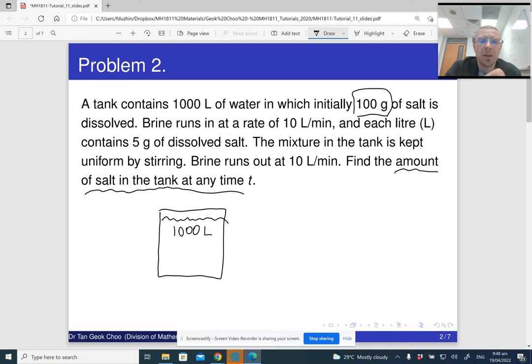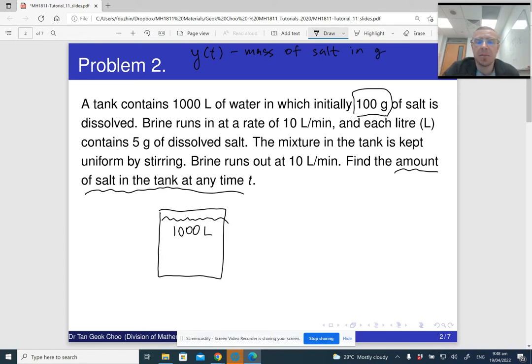Basically what we have here is that the amount of salt is changing with time, and if we denote it by y of t, then we need to write a differential equation for that, right? So let y of t be the mass of salt in the tank measured in grams.